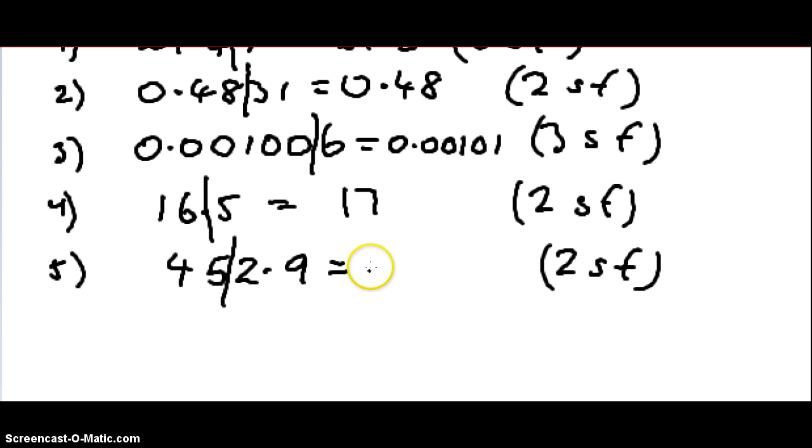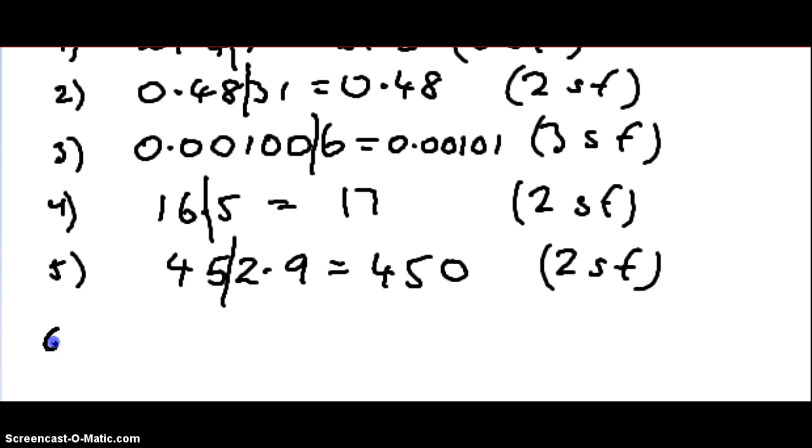Notice the answer I get is 45. However, that's not possible because 452.9 is nowhere near 45. What I need to do is to actually put in a placeholder in this case. So I do need a 0. That 0 is not significant, but it does need to be there.